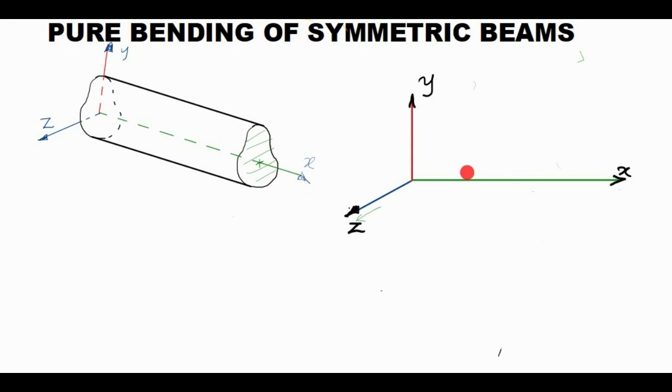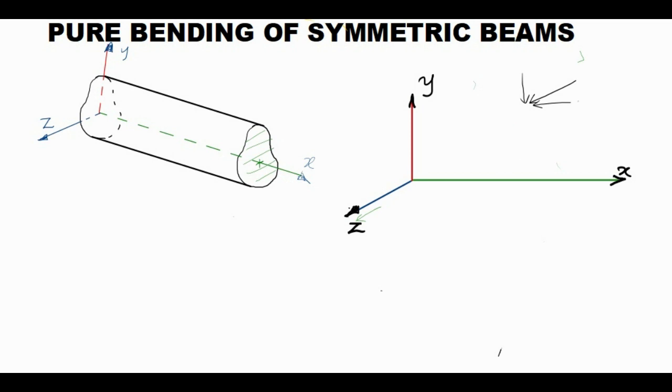But in the case of symmetric bending, the forces will be applied only on planes of symmetry. Here the plane of symmetry is the xy plane, so the loads will only act on this xy plane. A general load in the xy plane can be in this direction, so it can have an x component and a y component.